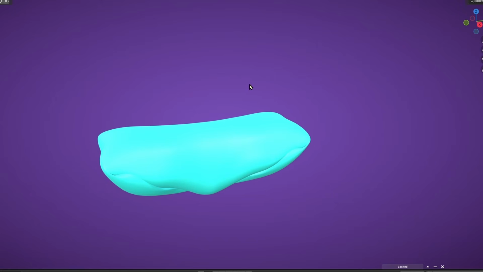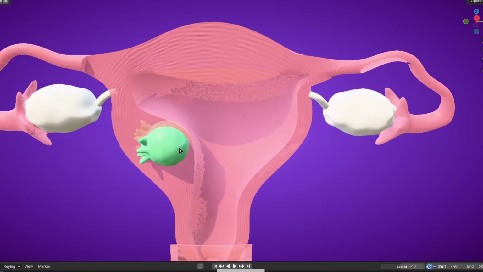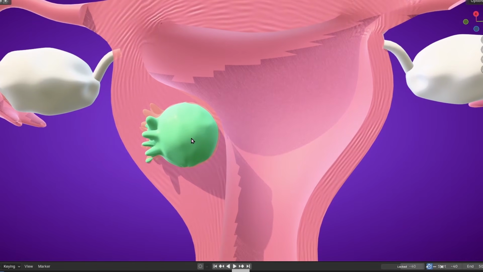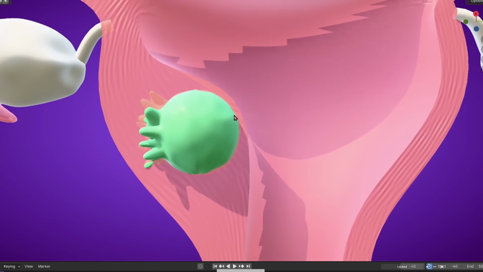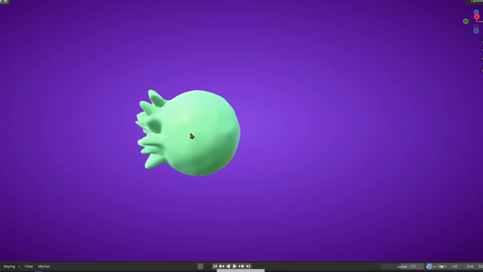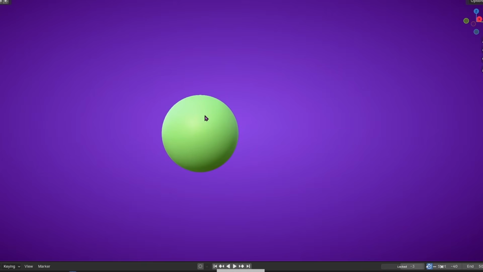And for that, I will go to another 3D model. Let's suppose that an embryo is implanted into the uterus. You can see this greenish embryo implanted into the uterus. Now, for the sake of understanding, let's remove the uterus and the outer trophoblastic covering. Then we will see this structure: this greenish outermost covering is the extraembryonic somatic mesoderm.